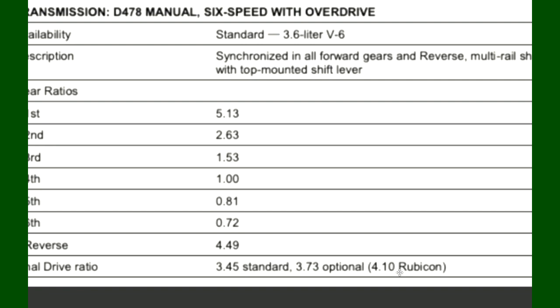So you see this, and it's a lot to think about, but I just wanted to get some kind of clear understanding of what the transmission for this Rubicon is all about, with the 6-speed with the overdrive.